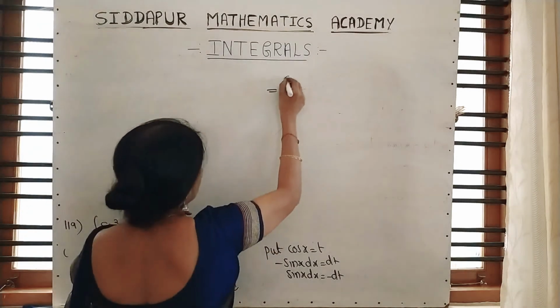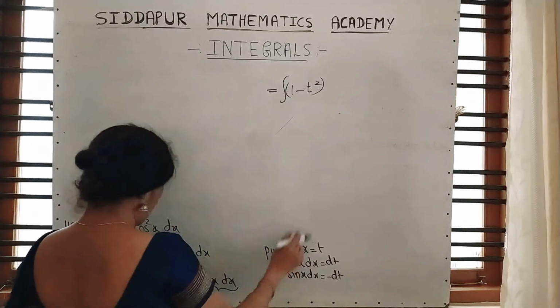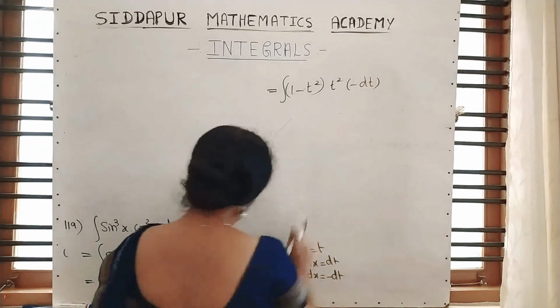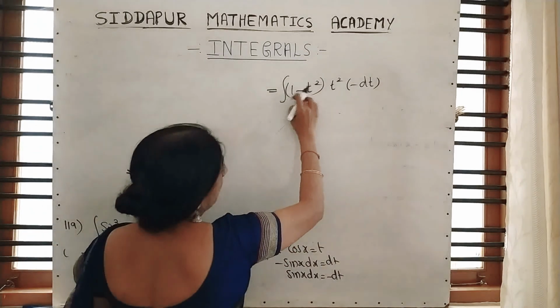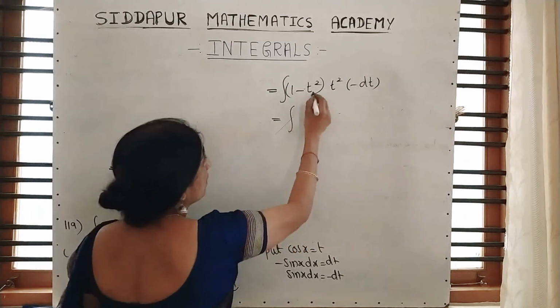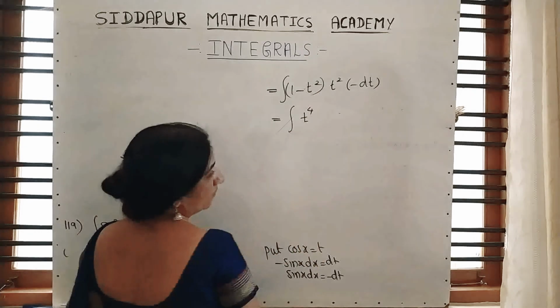Now substitute that. It is 1 minus t square, cos x as t, into t square into minus dt, because sin x into dx is minus dt. I am removing the bracket, I am taking t square and minus both at that time. T square into t square is t raised to 4, minus into minus becomes plus.